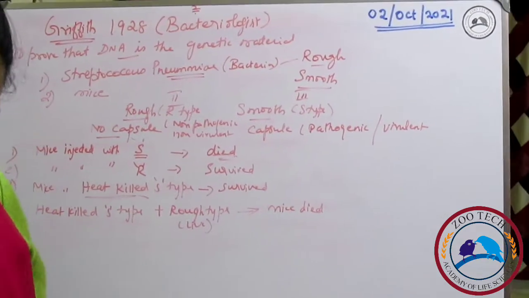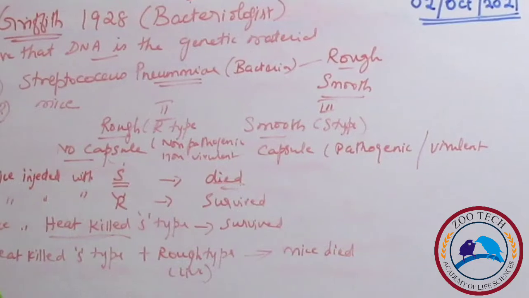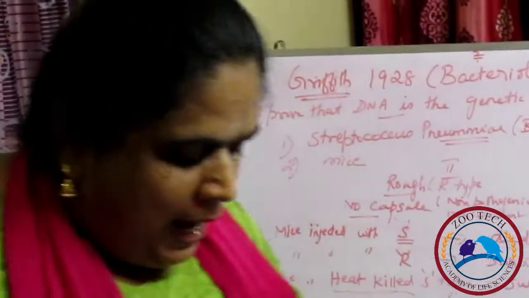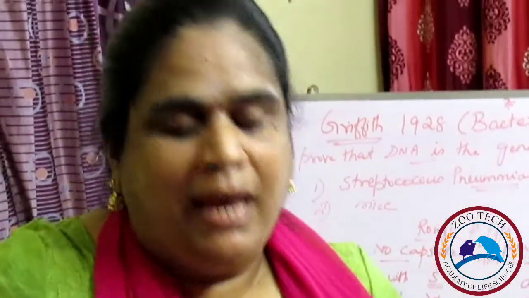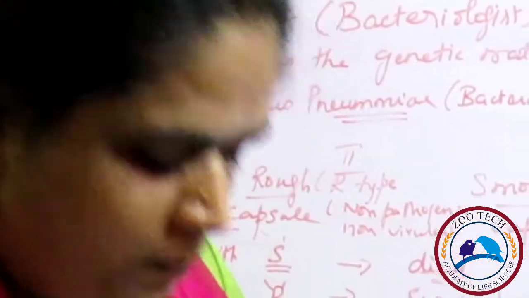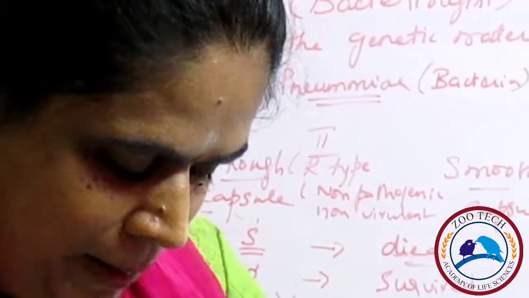So Griffith concluded that the R strain bacteria had been transformed by the S strain bacteria.